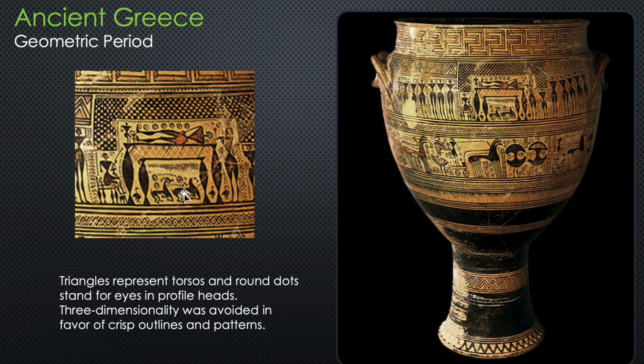Underneath the table there are two animals that could be sheep or goats. Now look at how the human figure has been abbreviated, turned into an abstract shape, where the top part of their body is simply a triangle. That's the other application of geometric.